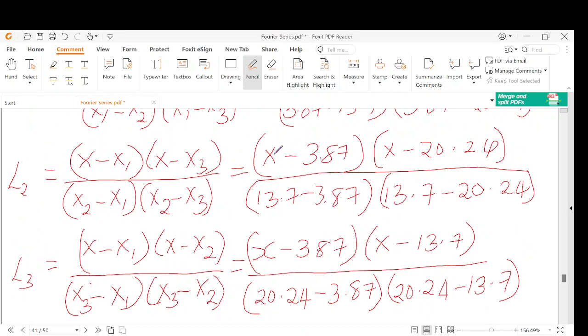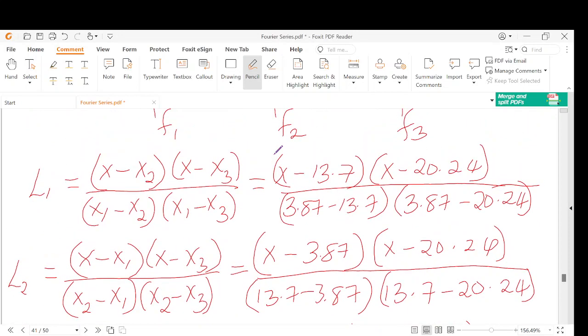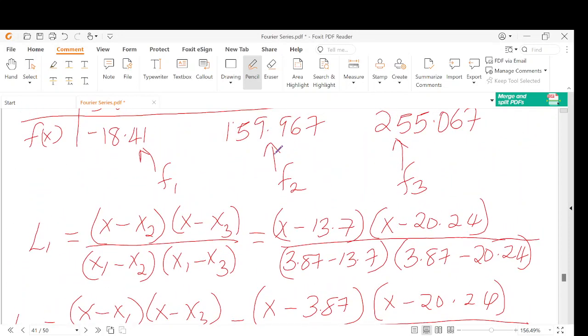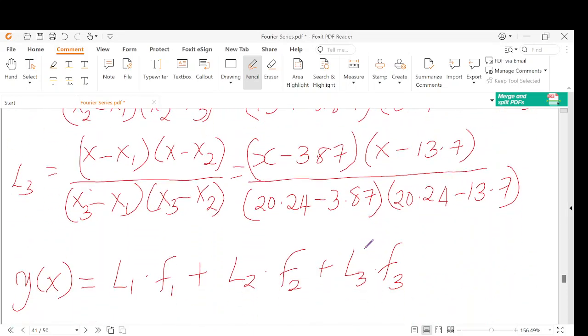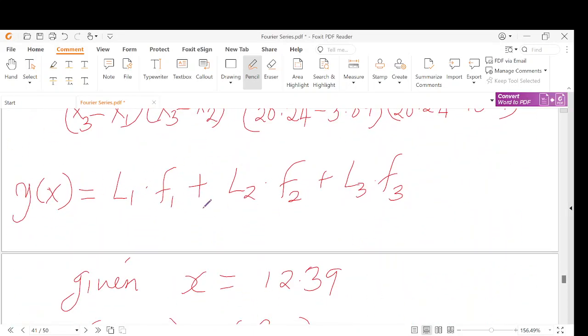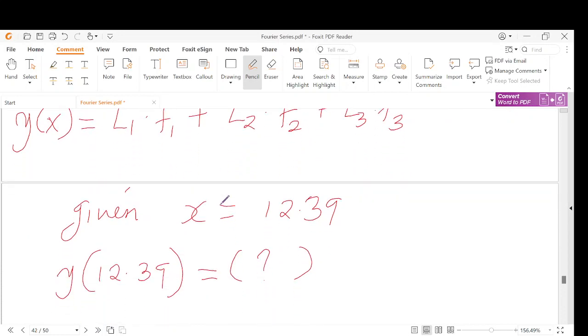So we compute the fundamental polynomials. The values of f are known. f1, f2, and f3 are known. So once the values of the fundamental polynomials are determined, then we simply substitute the values here and compute the value of y.